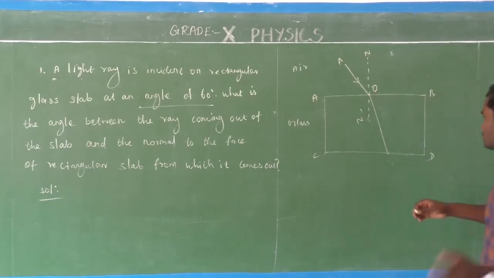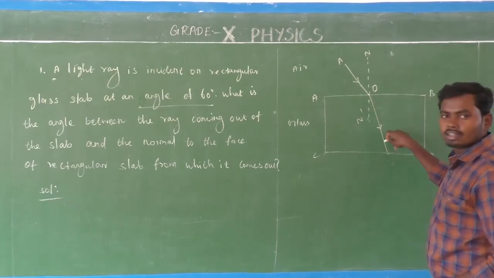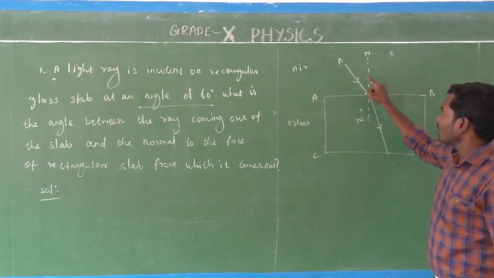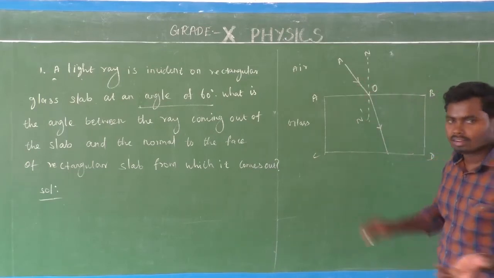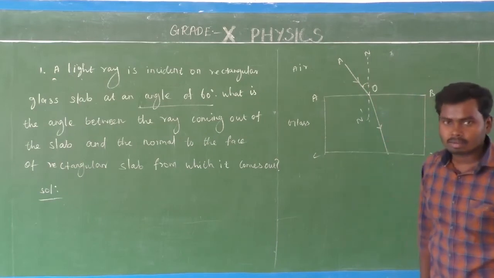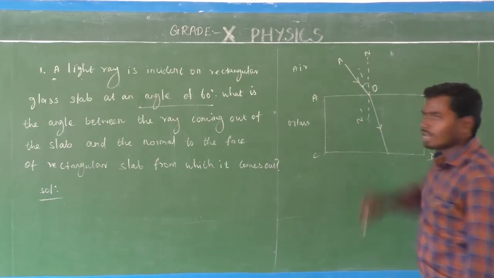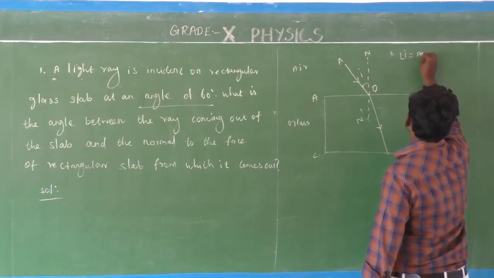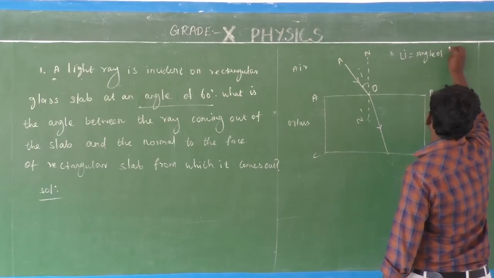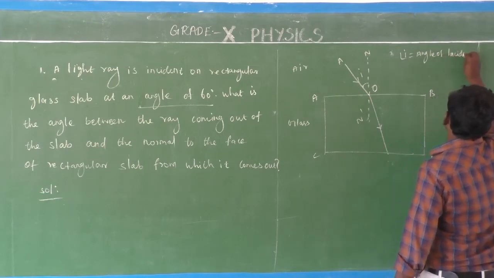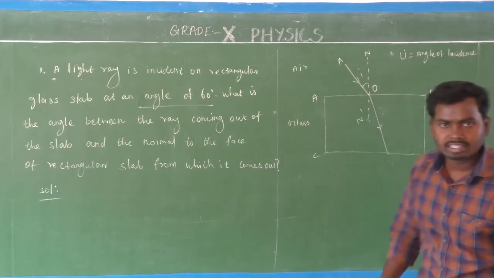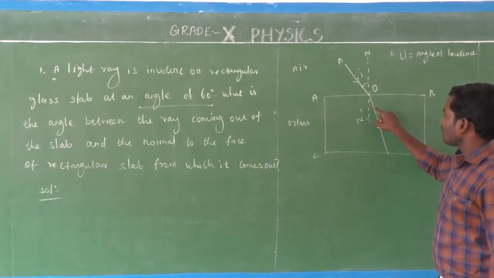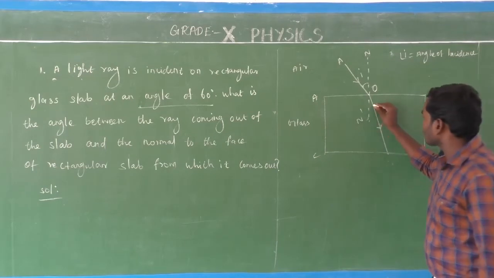What is this ray? This is the refracted ray. So listen here. This normal and the incident ray make some angle. What is that? That is the angle of incidence, denoted by I. Here this normal and this refracted ray make some angle.